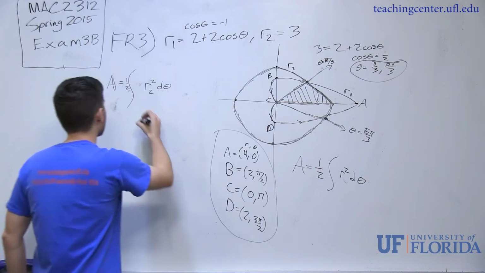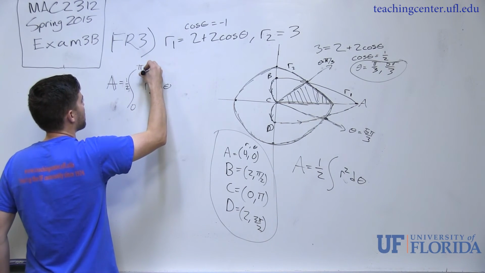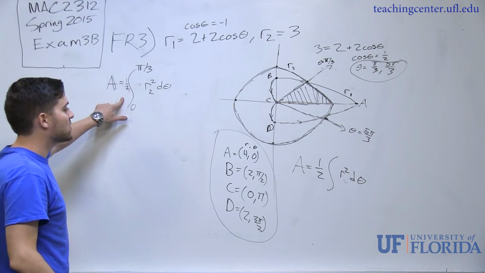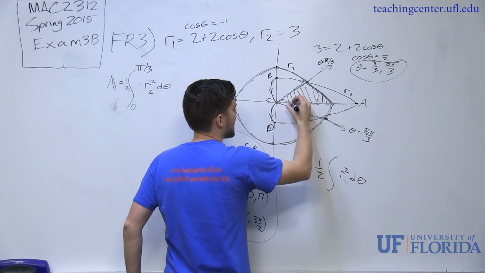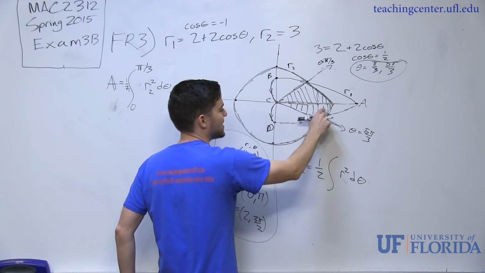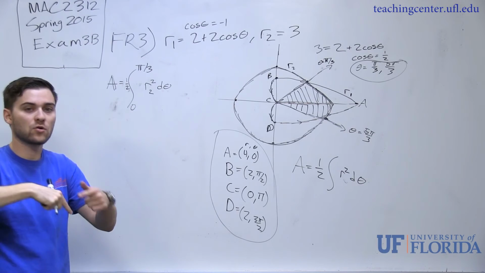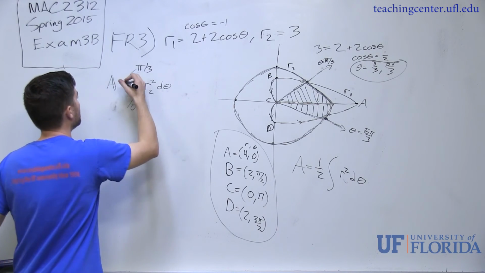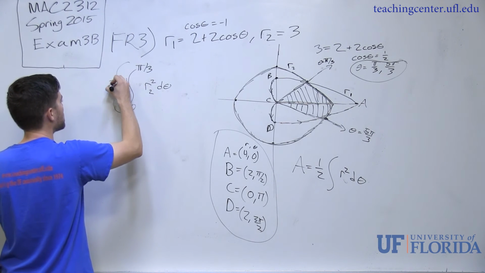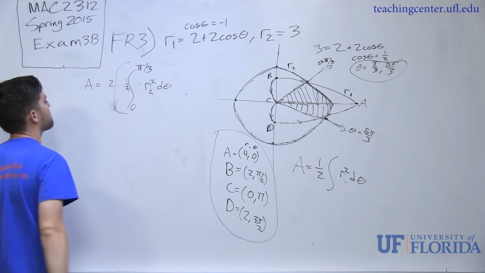So if I integrate r2 from 0 to pi over 3, that gets me the part of the area I need. And if I want to account for this extra piece down here, that also should be the same because, again, it is inside of both curves, just reflected across the axis. All I need to do, I just need to multiply this by 2. So I'm going to multiply by a 2 out here.